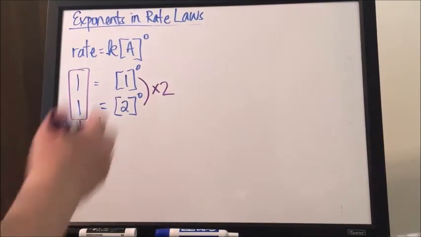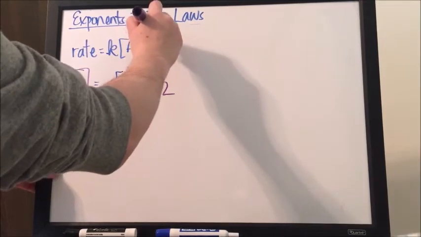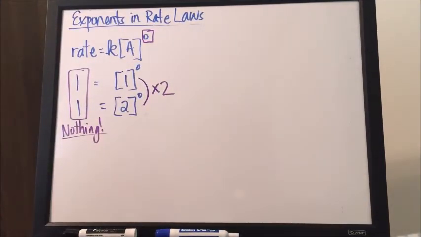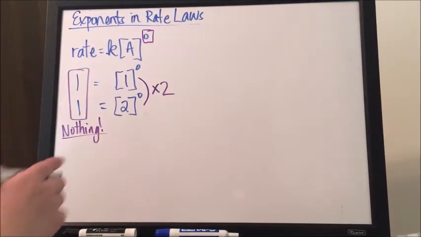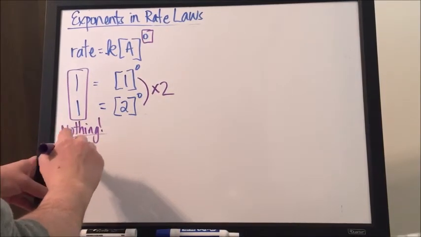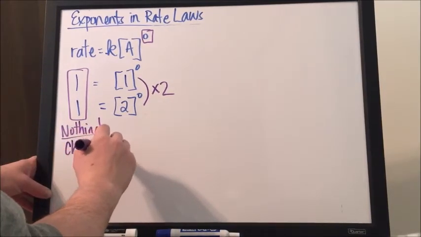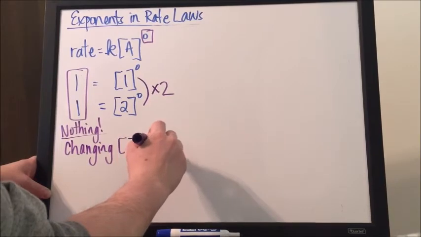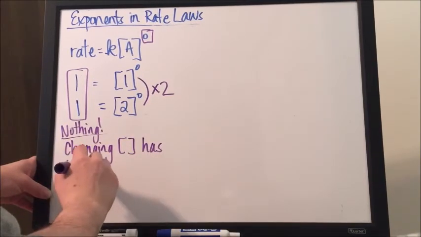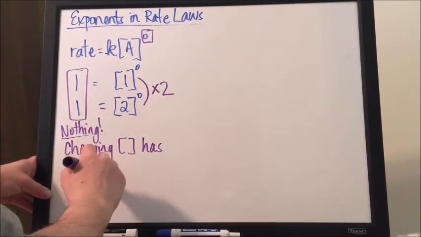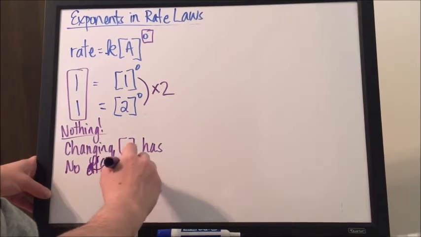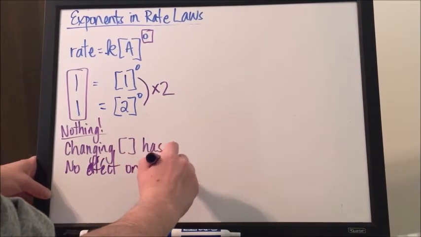So when the exponent is a 0, and only when the exponent is a 0, changing concentration has no effect on the rate.